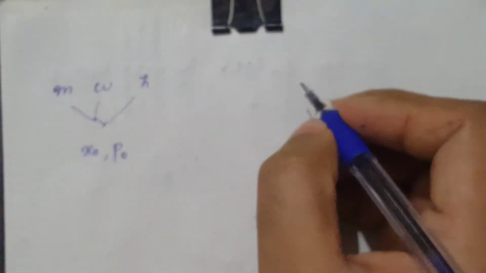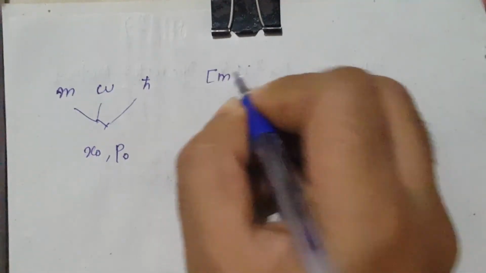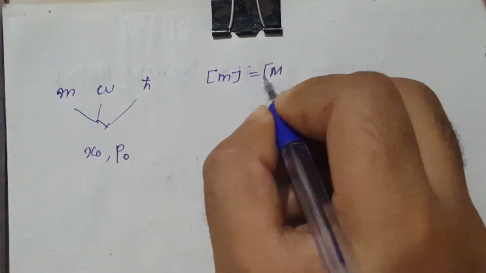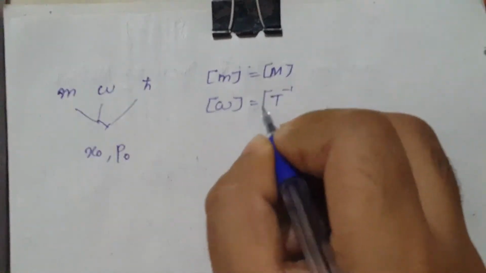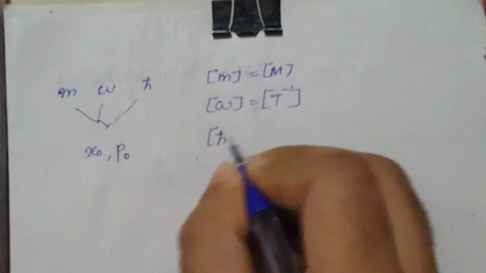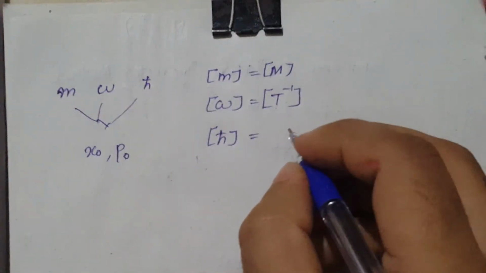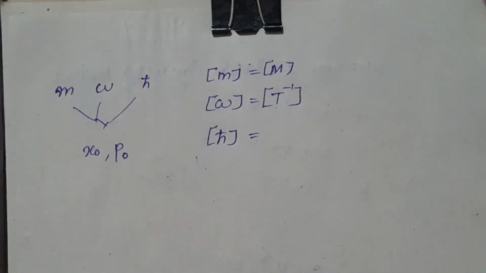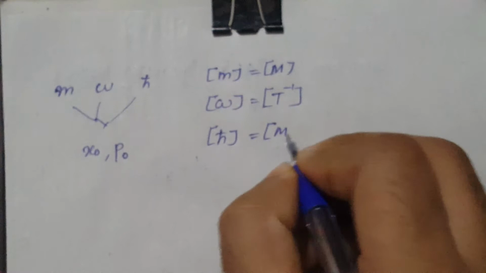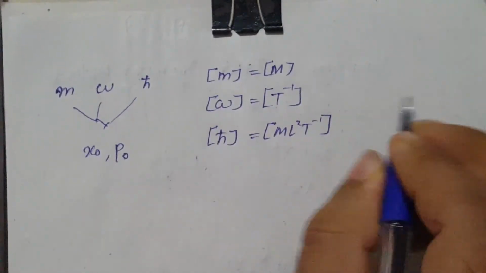We have found that the dimension of mass is M, the dimension of omega is T raised to minus 1, and the dimension of h cut is M L square T raised to minus 1.